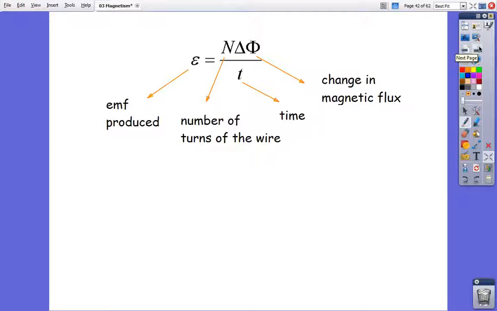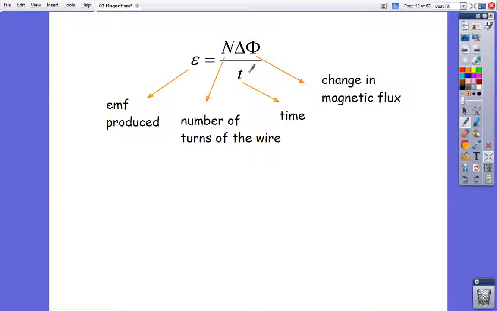I want to show you the mathematical expression of this Faraday's law. Here we have EMF. So EMF created inside the loop, or induced EMF, is actually delta magnetic flux times N over time.